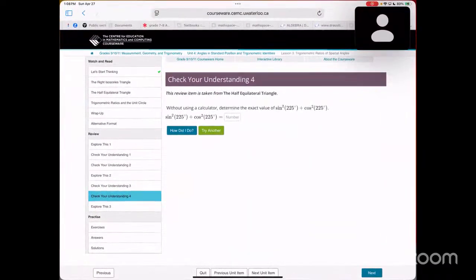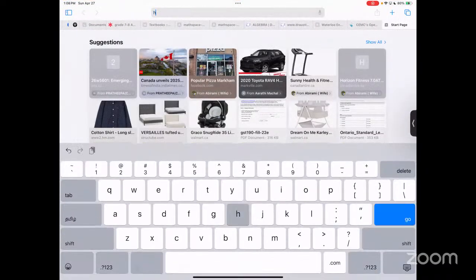If you have a phone you can search, otherwise I'm going to show you how Ramanujan mastered his math in early age. So let's do that.